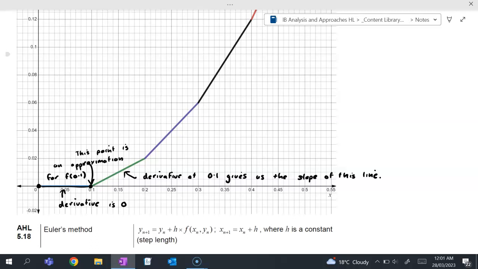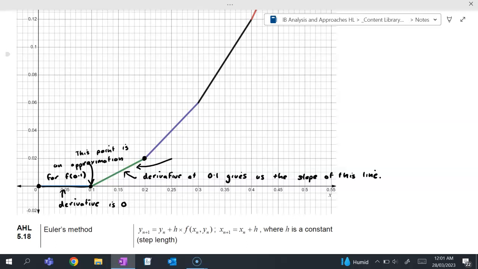So the derivative at 0.1 gives us a pretty good idea of how the graph is increasing between 0.1 and 0.2. So we calculate that increase, and then we can calculate the second point. So it's based on an approximation of the point at 0.1 and an approximation of the increase in the curve.